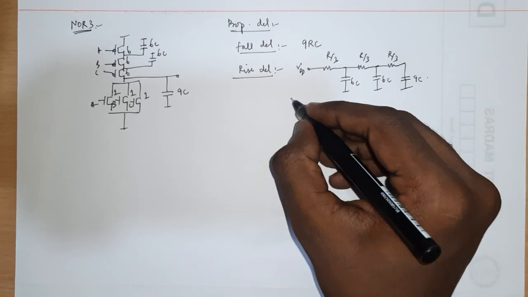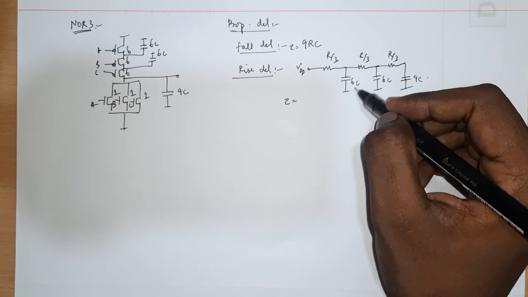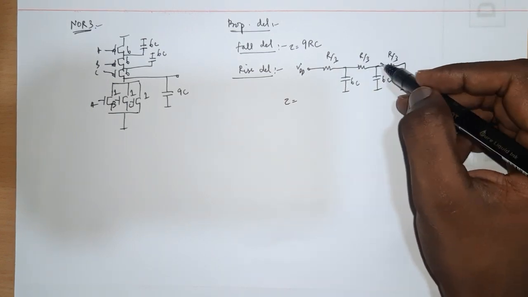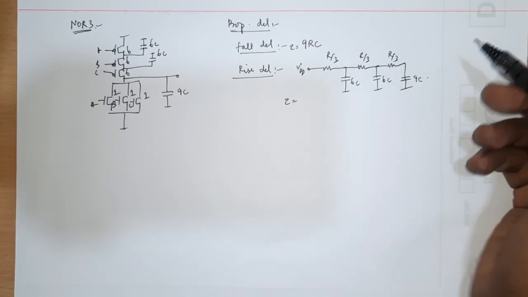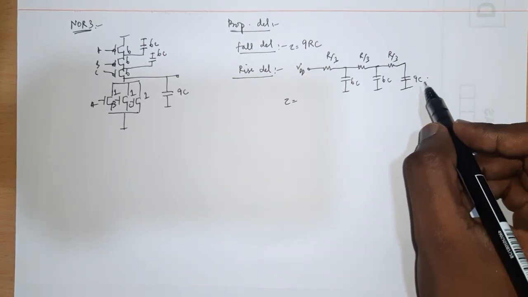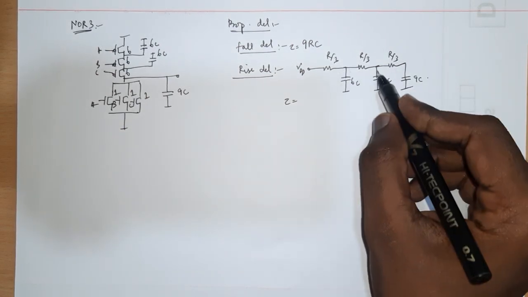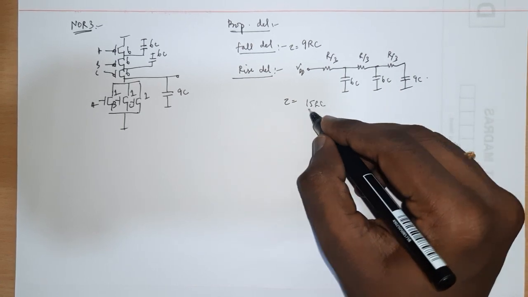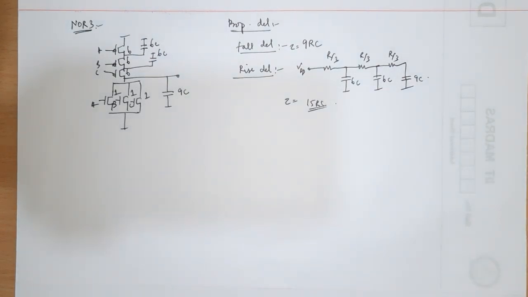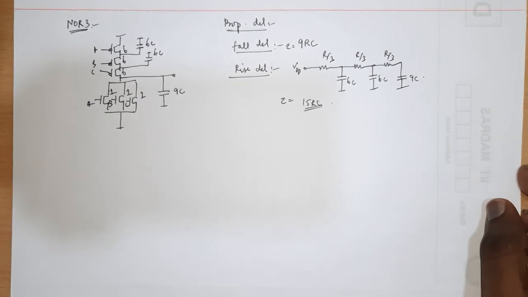Okay, so the tau delay is nothing but R by 3 times 6C, then 2R by 3 times 6C plus R times 9C, is 2RC plus 4RC plus 9RC. So it is going to be 15RC. Okay, just verify this. So this is what you would get ideally, when you try to calculate the propagation delay for a NOR 3 gate.